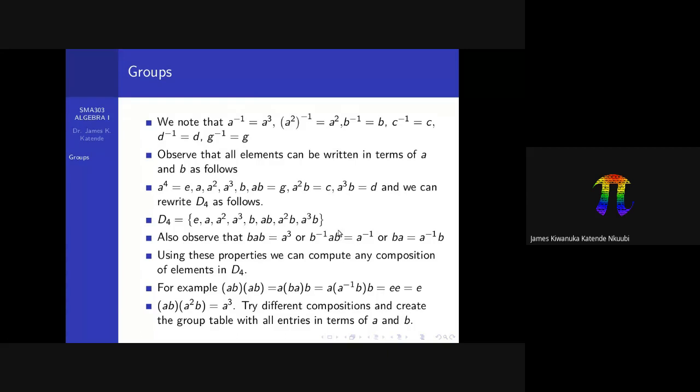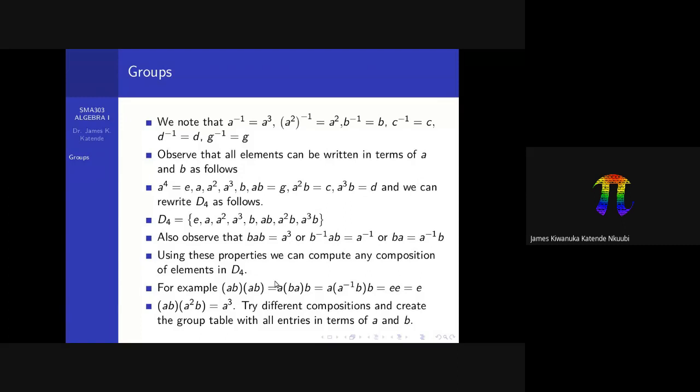That means it's the same as B inverse A. And on the other end, since you're multiplying both sides by B, you'll have A inverse B. So this means that BA is the same as A inverse B. You could also write A inverse as A cubed, so BA is equal to A cubed B. Using these properties, it's possible to multiply any of these elements and reduce the product to one of the elements already listed here.